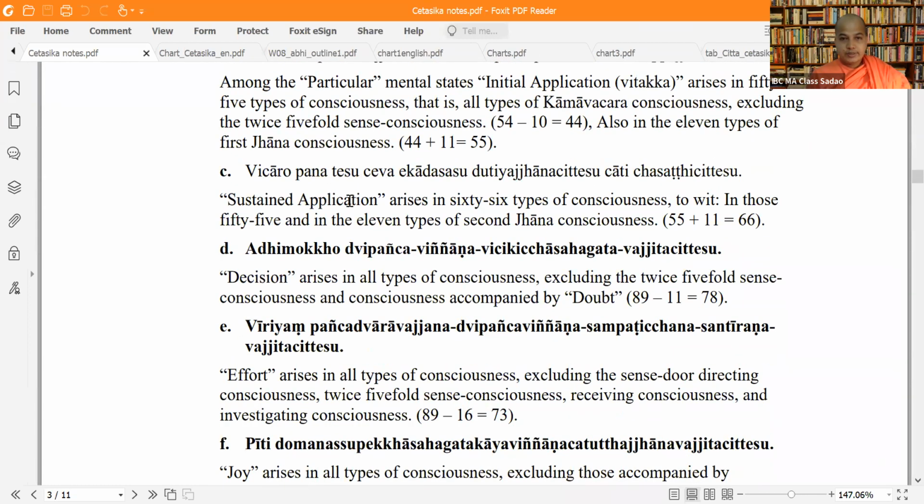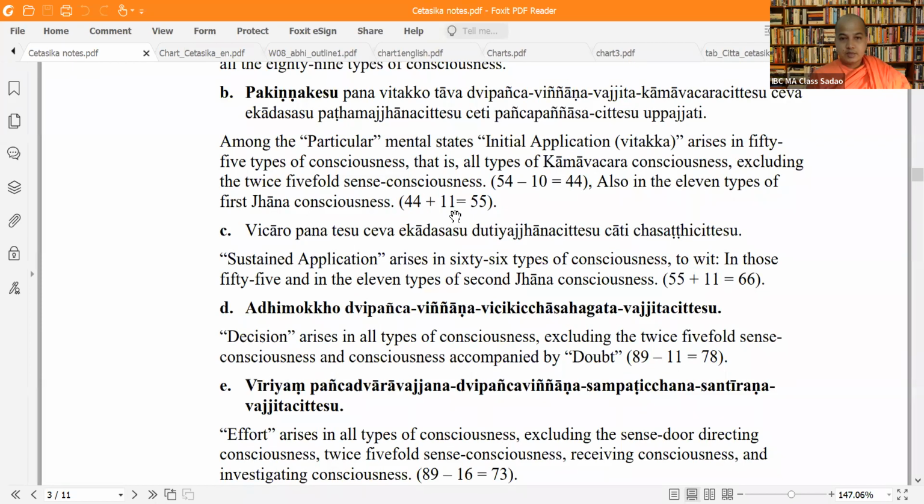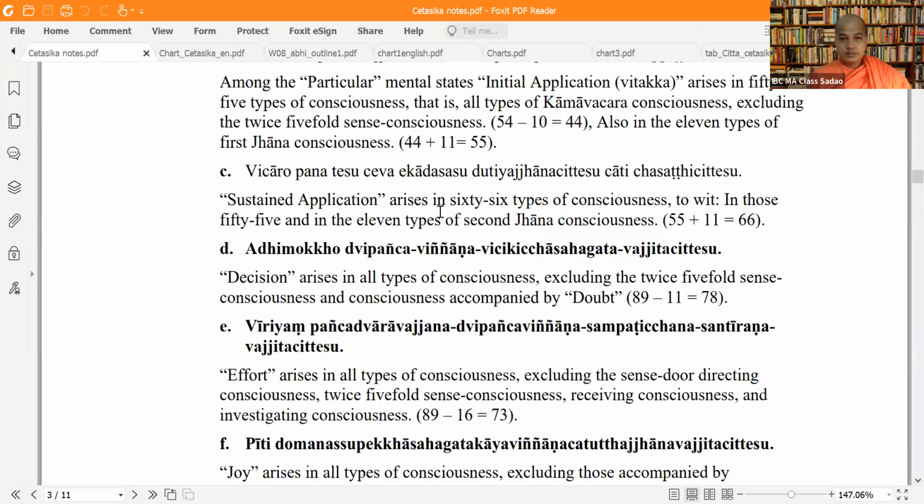Vichara panatesu cheva ekadasasu dutiya jhana chittesu chati chasatti chittesu. So this vitaka appears in 55 chittas. Vichara appears in 66 chittas. In all these 55 plus in the second jhana chittas, right? So you have 11 more.